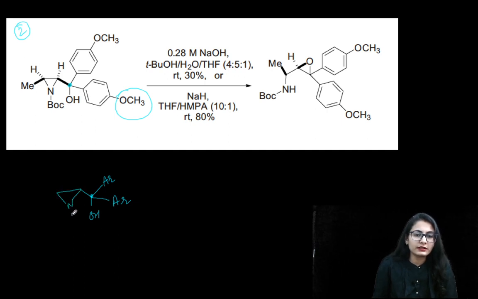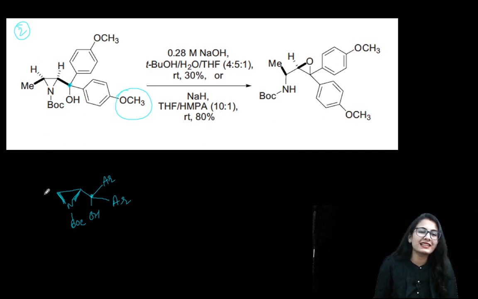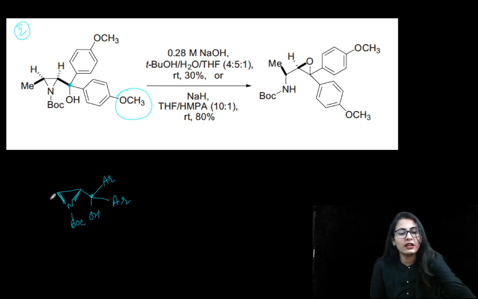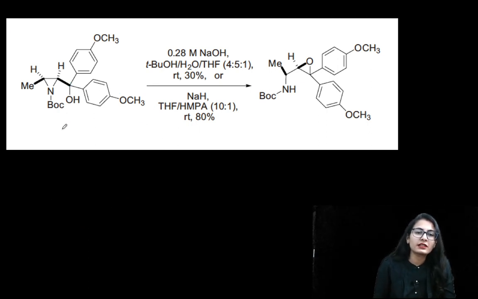Now further, the nitrogen is present above the plane. Alright, let's say it is present on the plane of the paper and this bond is above the plane. It's basically the same thing if you write it like this. Alright, let's continue with what is given in the question. So you can just take these two aryl groups as the same. And why am I saying that repeatedly?